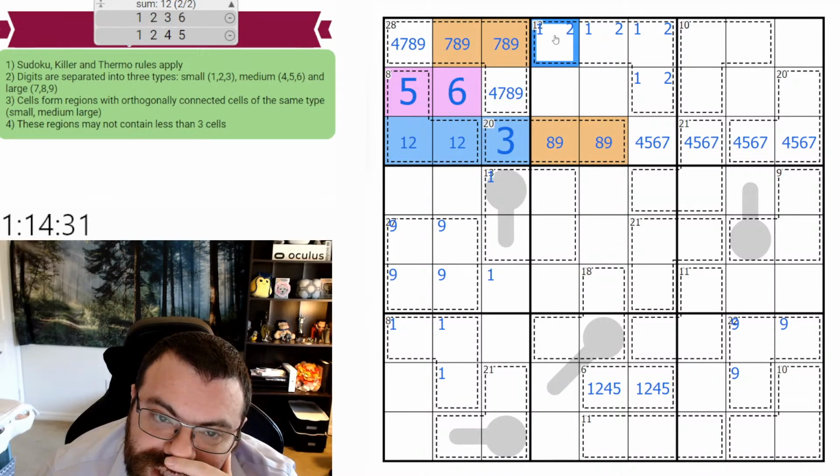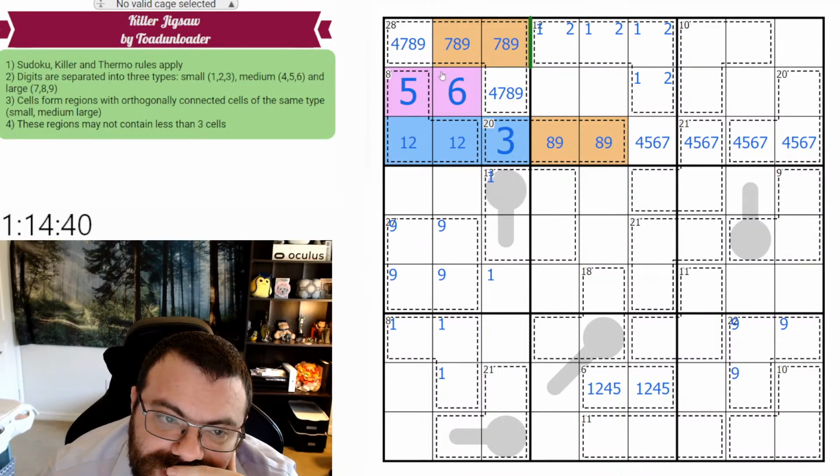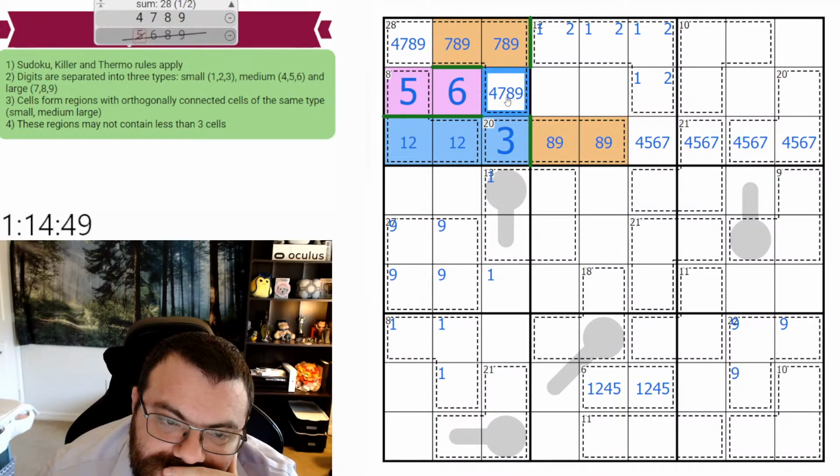So this cell's not high. It's lower medium. So there's a boundary here. Maybe I'll just draw the boundary. It's fine. Let's draw boundaries. But that doesn't seem to matter.